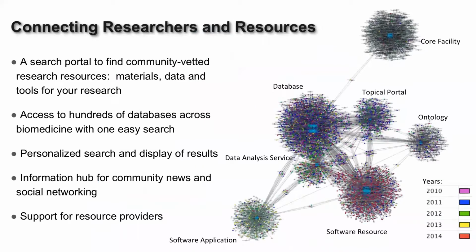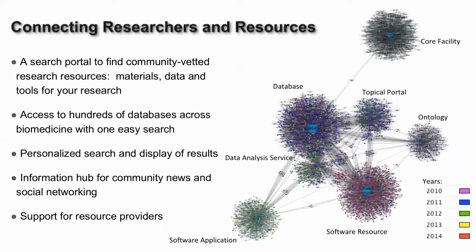And so one of the big goals of the projects, as I've just described, is really to connect researchers and resources. So basically, NIF and DkNET provide a search portal to find community-vetted research resources, be that materials or data. There's access to hundreds of databases that we pull this information from that's accessible through these systems.